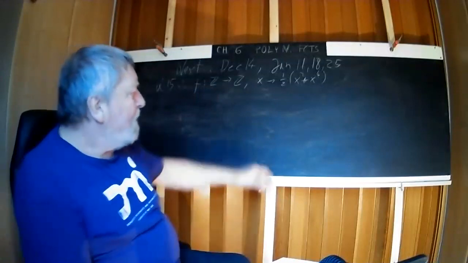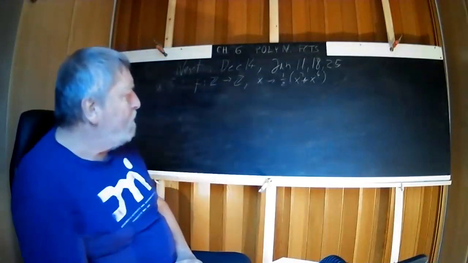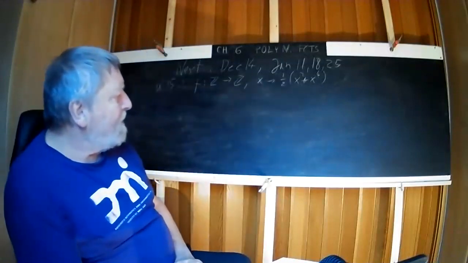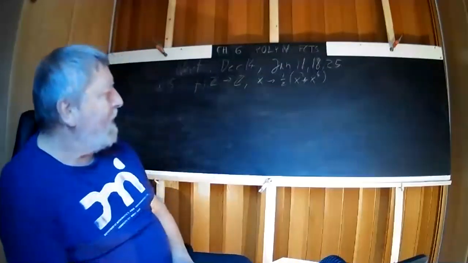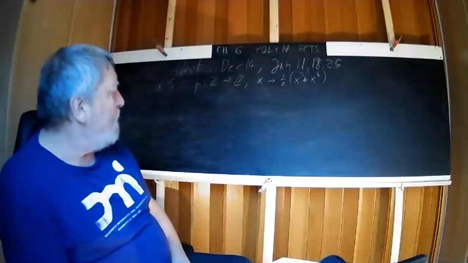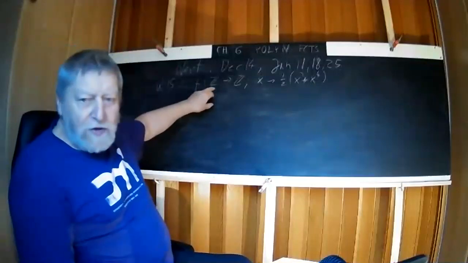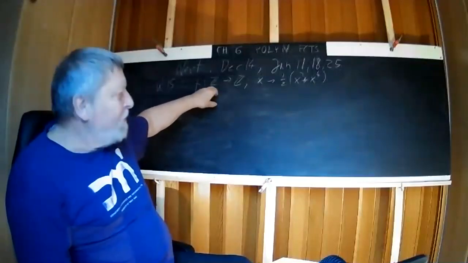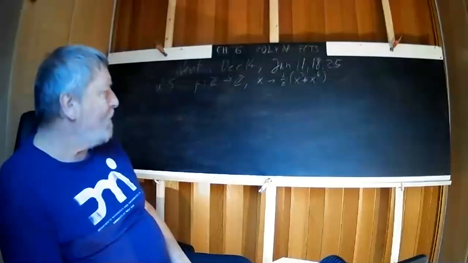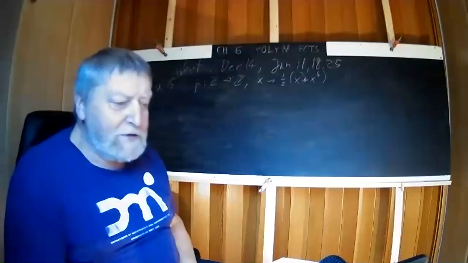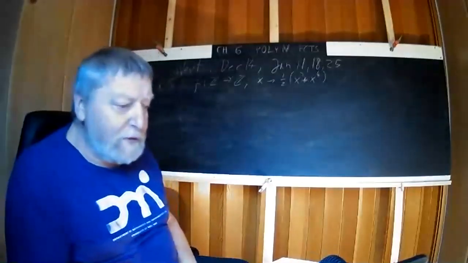And so this thing here is really 1/2 times x squared and so on. And so it's not a polynomial with integer coefficients. It cannot be a polynomial with integer coefficients, and hence it's not a polynomial. The next thing is to show that it's compatible.